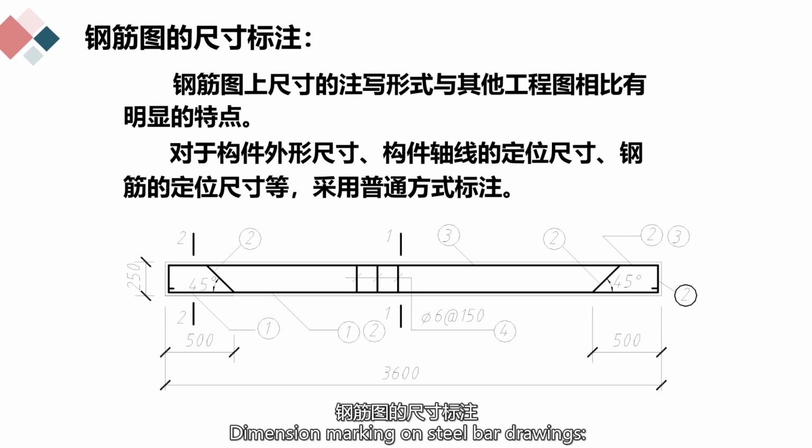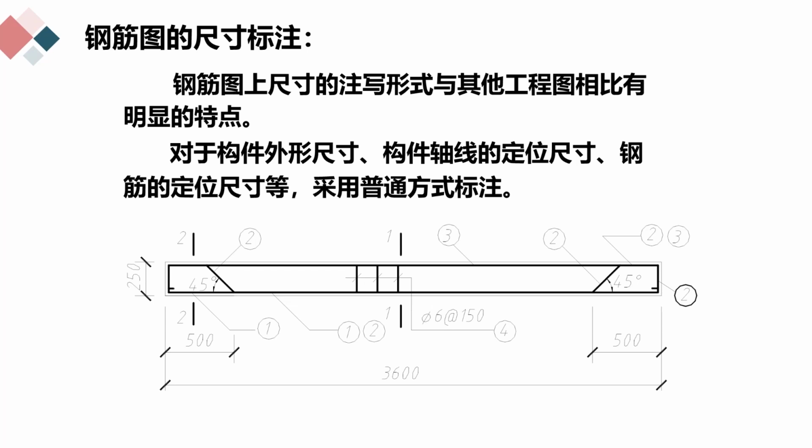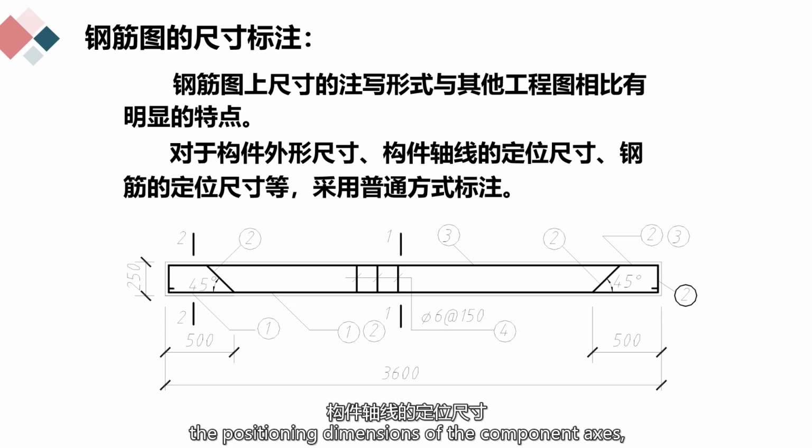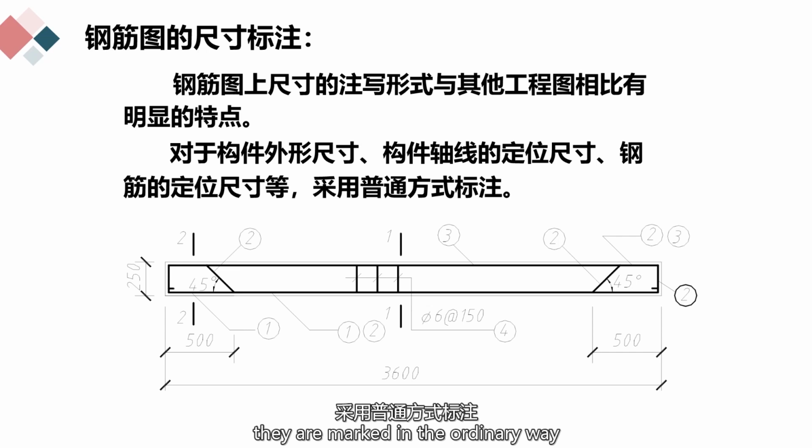Dimension marking on steel bar drawings. The form of dimension writing on steel bar drawings has obvious characteristics compared with other engineering drawings, as shown in the figure. For the overall dimensions of the component, the positioning dimensions of the component axes, the positioning dimensions of the steel bars, etc., they are marked in the ordinary way.